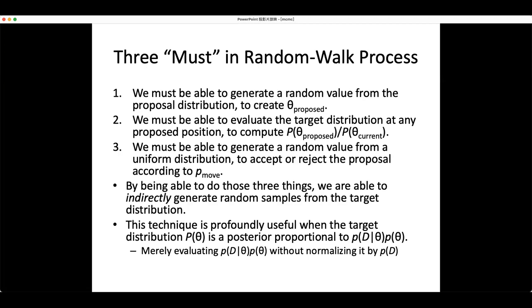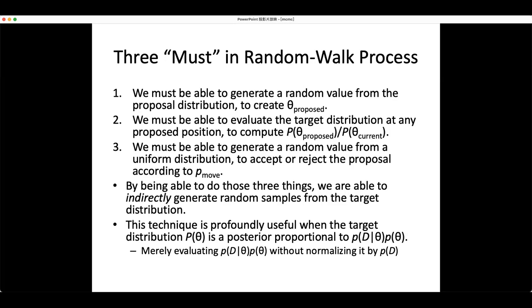Of course, in a later part, I'm going to tell you that this proposal distribution can be more complicated. For example, it could be Gaussian, or it could be uniform.